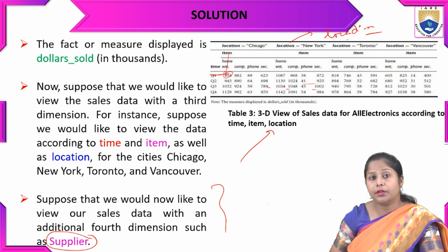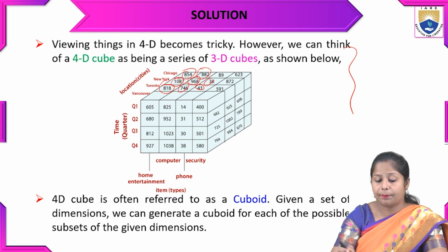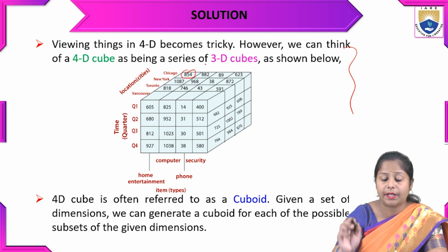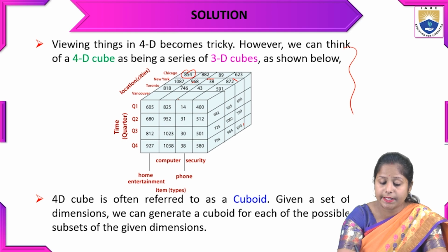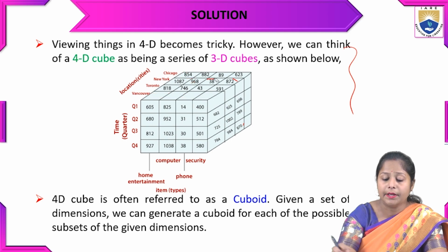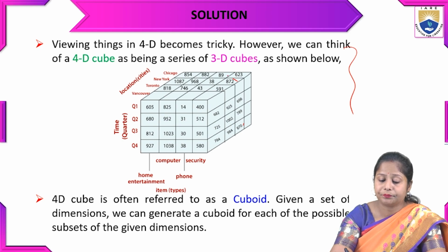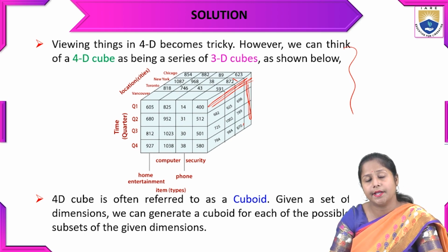If we take the 4th dimension, how can we see that? We have seen 854, so that is here, and like this all the facts are related here. But for Vancouver, if suppose the city is Vancouver, there are no relative facts or measures. In this cell nothing is there, and in the other cells nothing is there.